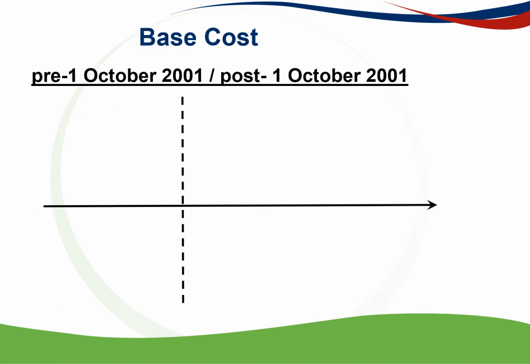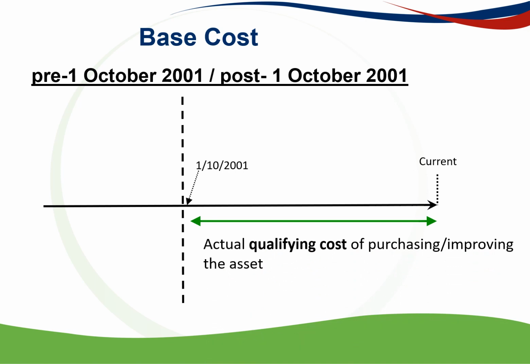The base cost. It's important to distinguish between assets that were purchased before 1 October 2001 and assets purchased on or after 1 October 2001. For assets purchased from 1 October 2001, the base cost consists of all the actual qualifying costs in purchasing or improving the asset.